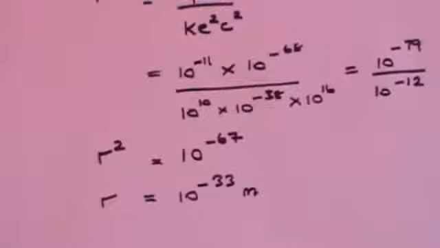So when two electrons are 10 to the minus 33 meters apart, which is of course an amazingly absurdly small distance, the gravitational force and the electromagnetic force are the same.